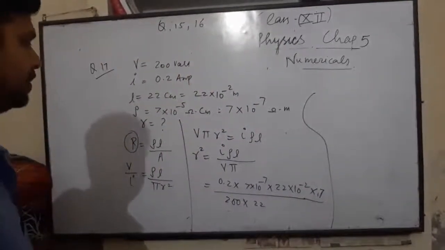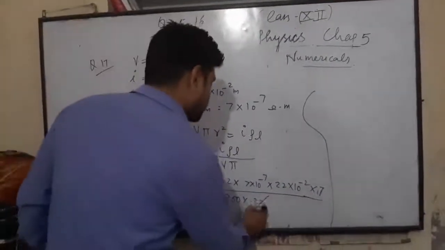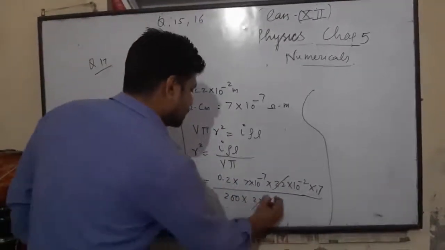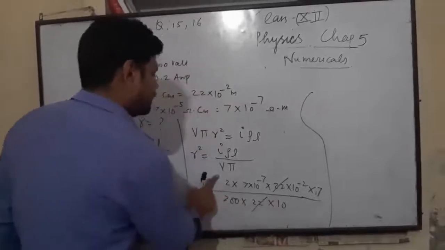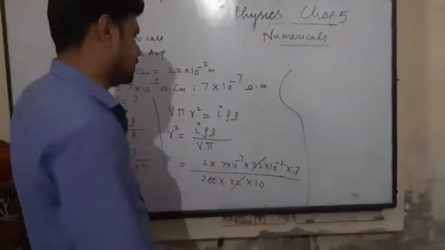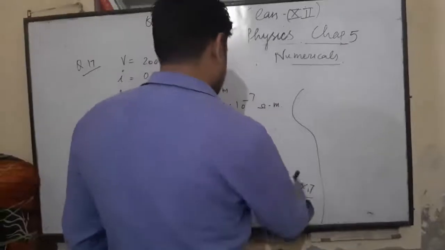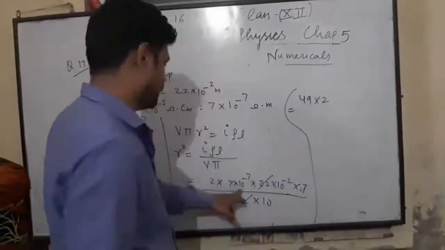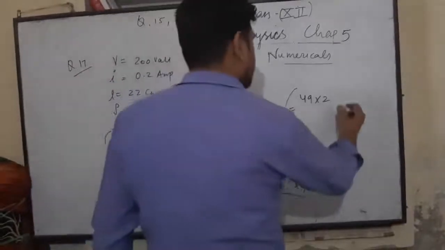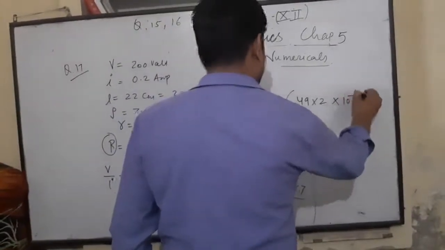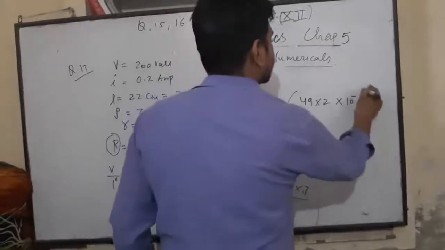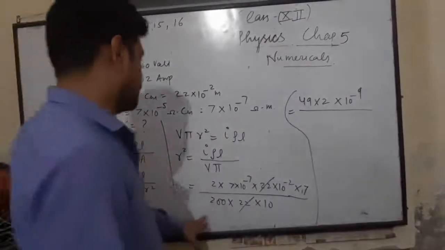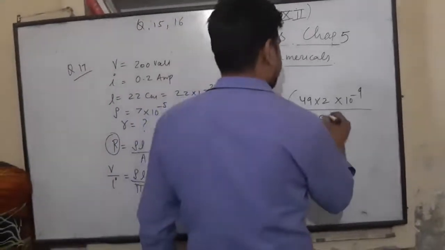So remove the decimal. So this is 49 into 2 into 10 to the power minus 4 minus 9 upon 200 into 10.